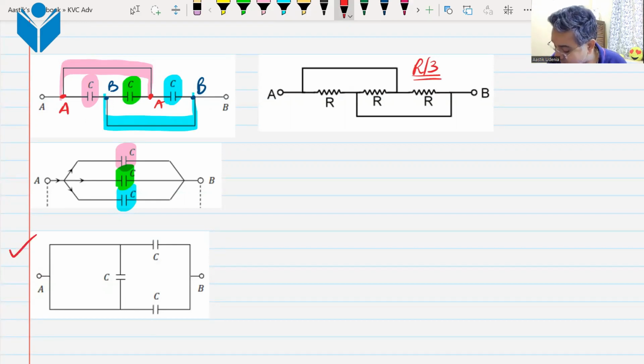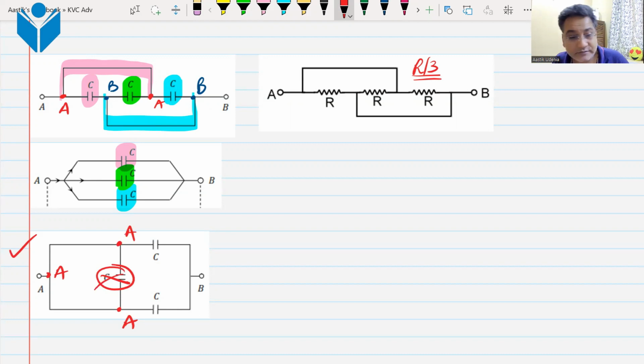Next question is this question. Between A and B, you have to tell me the equivalent capacitance. 2C, sir. 2C, why is it 2C? Now remember this point is A, this point is A, and this point is A. Now this capacitor, both the points are connected to the same point, so this capacitor does not come into the picture.